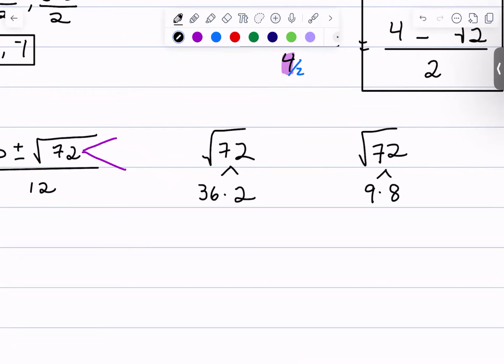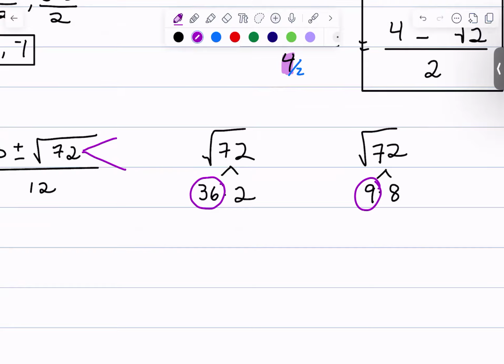Both answers are correct. But when I simplify this, and when I hit a perfect square, I am going to circle it. Okay? I'm going to circle it, signifying that I'm done with that number, because I know the square root of 36 is 6, and I know the square root of 9 is 3.